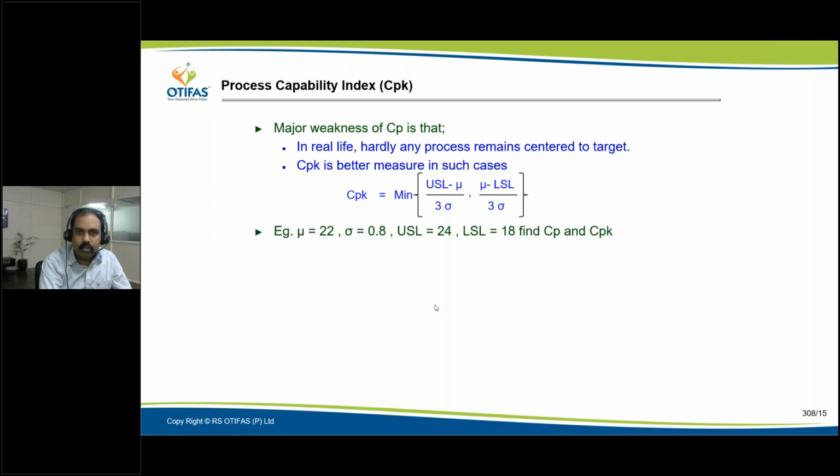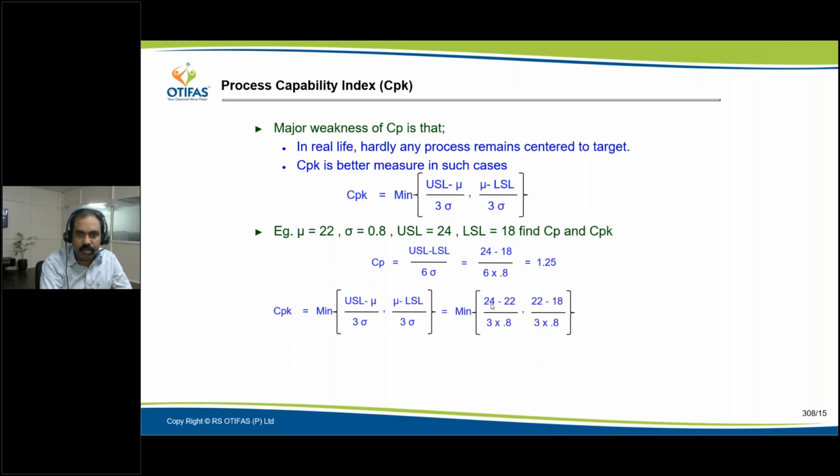For example, the mean is 22, standard deviation is 0.8, upper specification is 24, lower specification is 18. Find CPK and CP. CP is 24 minus 18 divided by 6 into 0.8, that means 1.25. Now CPK: USL is 24, so 24 minus 22 divided by 3 into 0.8, comma, 22 minus 18 divided by 3 into 0.8.